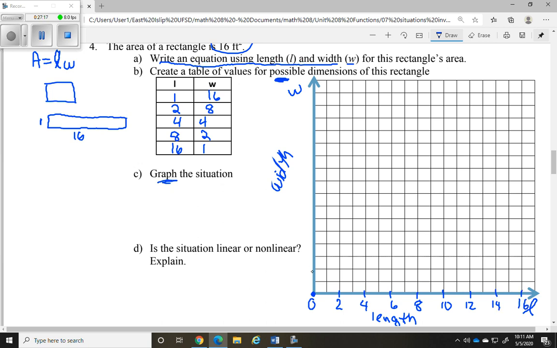And I'm going to do the same thing on the vertical axis. And now we're going to plot these points. So in my table, 1, 16 makes me plot the point (1, 16). And then plot (2, 8), and so on.